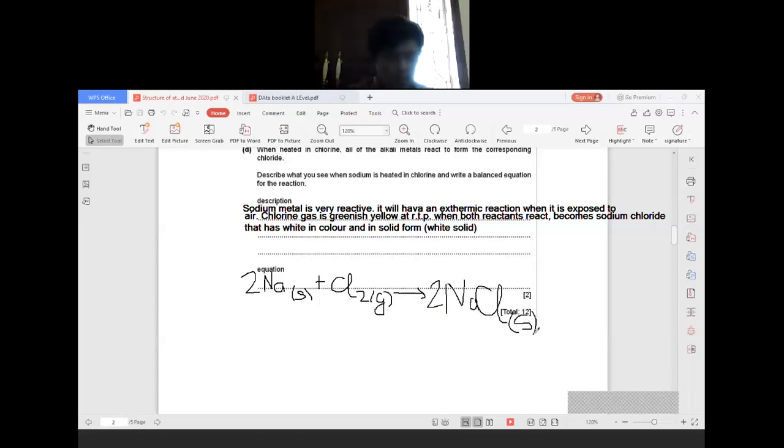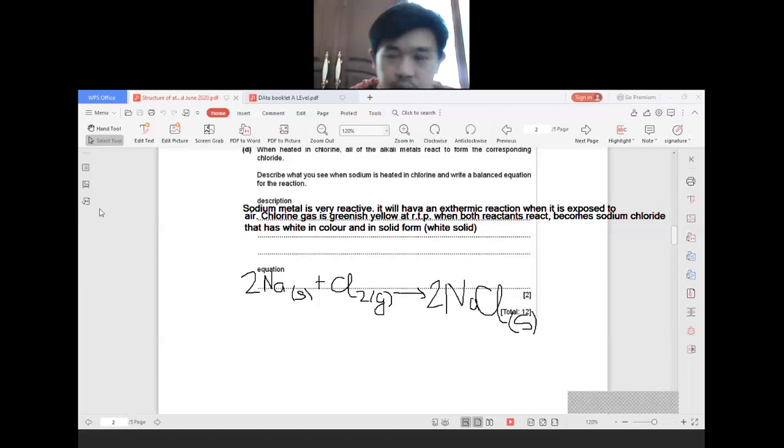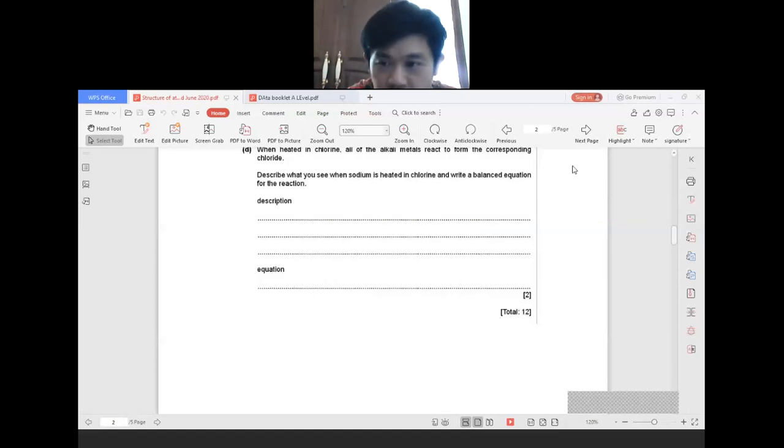So this is the chemical equation, and then the description of how the reaction occurs, and also the property of the constituent elements. Okay, and then now let's move to next page.